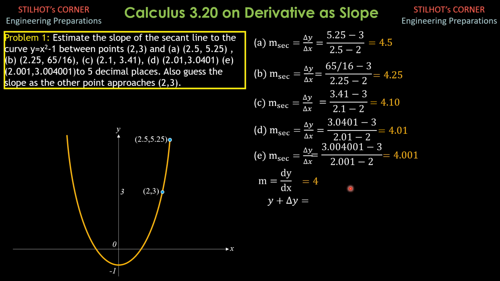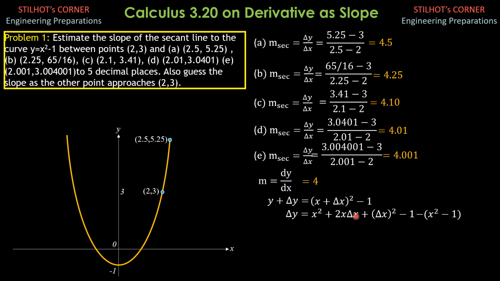So y plus delta y equals quantity x plus delta x squared minus 1, from the equation of the curve. Expanding, delta y equals x squared plus 2x delta x plus delta x squared minus 1, then minus y, and y is x squared minus 1.